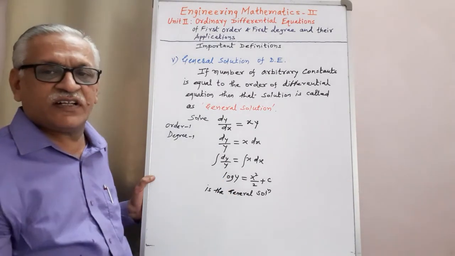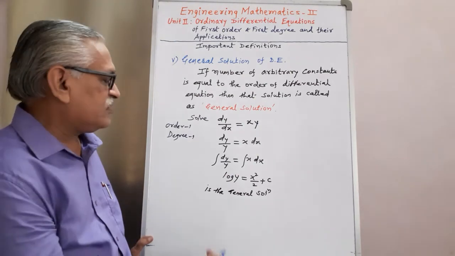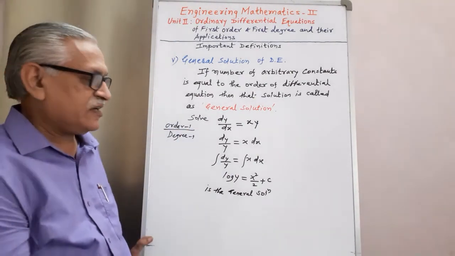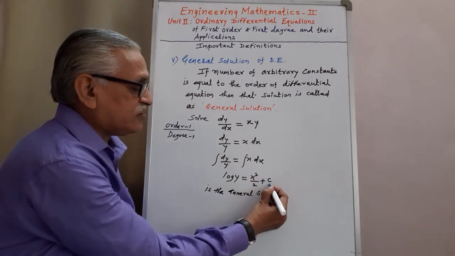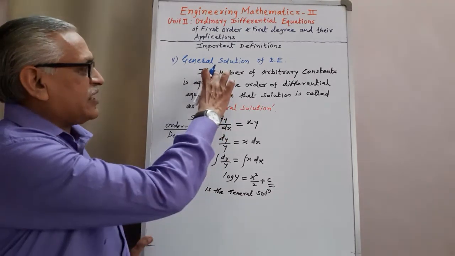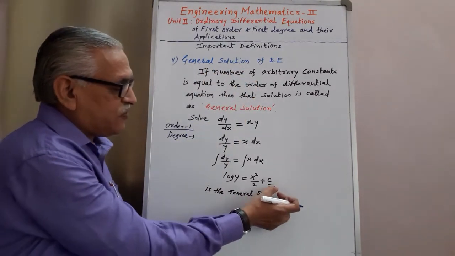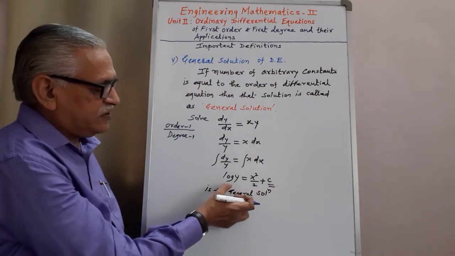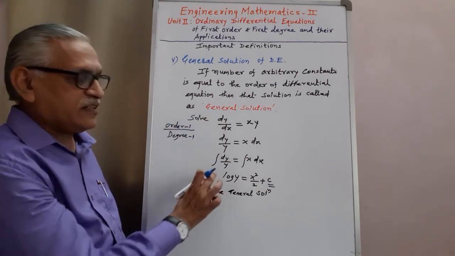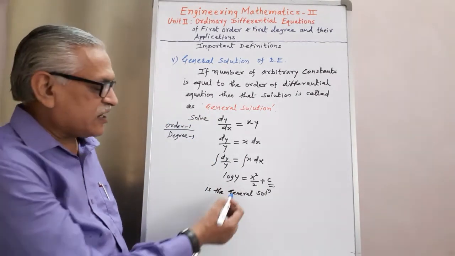And then we check whether that solution is a general solution or not. The order of that differential equation is here 1, and the number of arbitrary constants we are getting is 1. And as per this condition, if the number of arbitrary constants is equal to the order of that differential equation, then that solution is called a general solution.